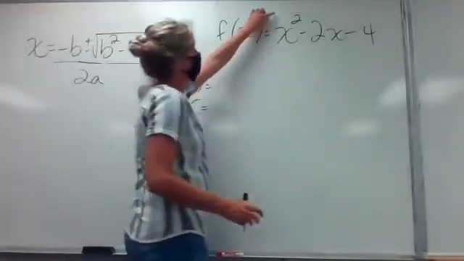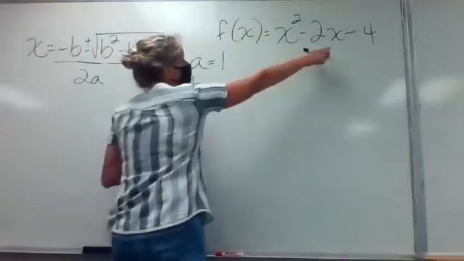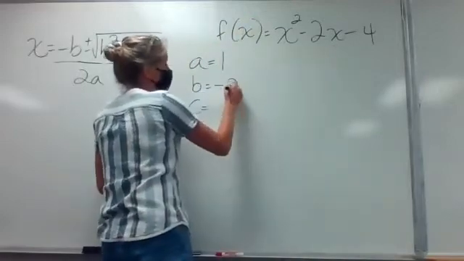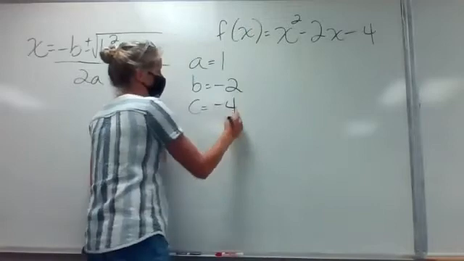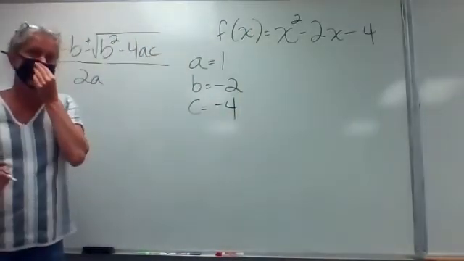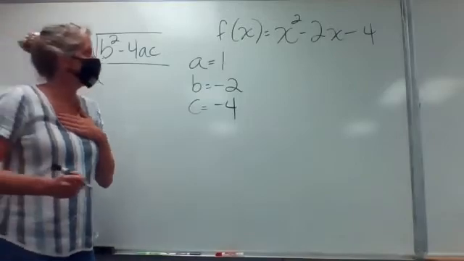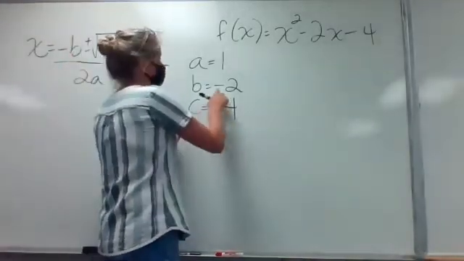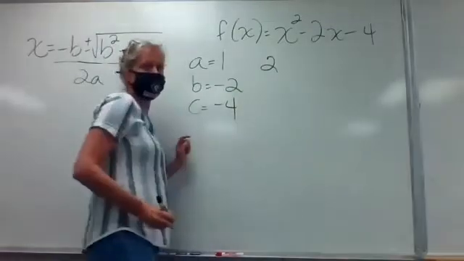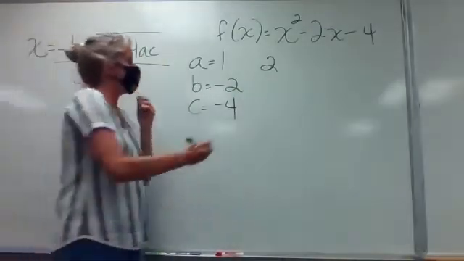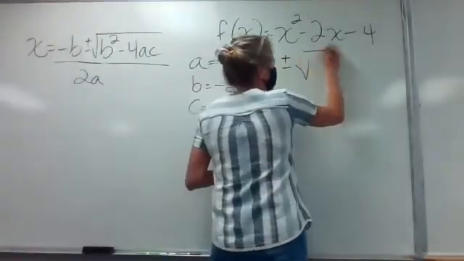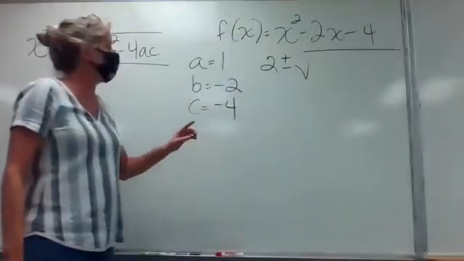My A is 1, my B is -2, and my C is -4. Now let's see, the opposite of B will be +2. Then your plus and minus, and then your long radical.